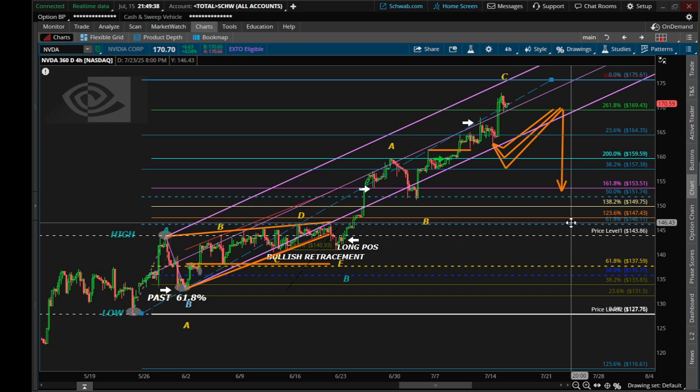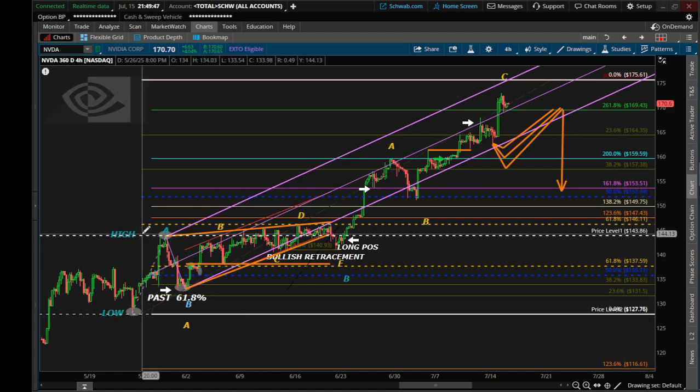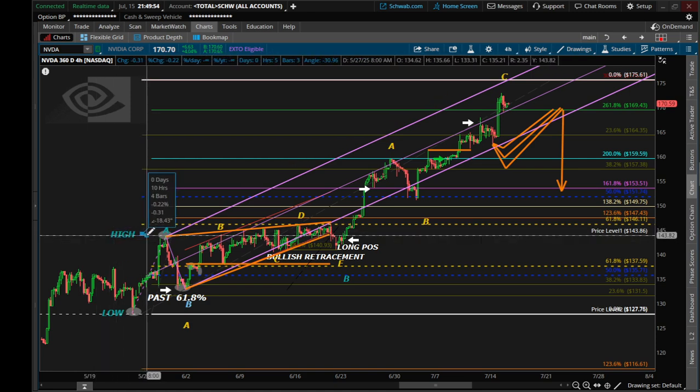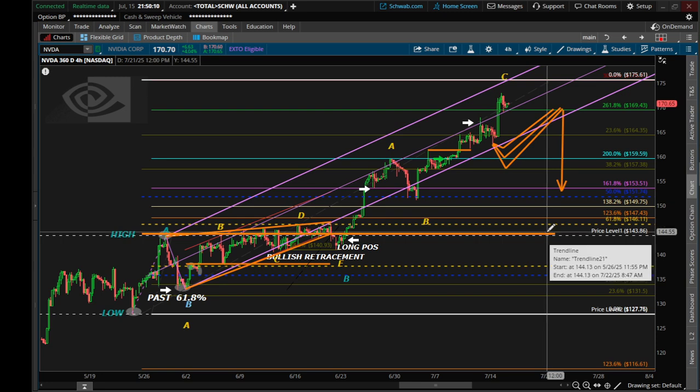Now, our 146 is pretty close to the start of our A, and it's at our high price level. That's our support. So if I had to guess, I think that's probably where we're going to come down to.